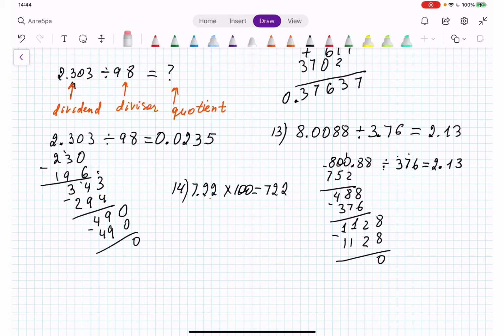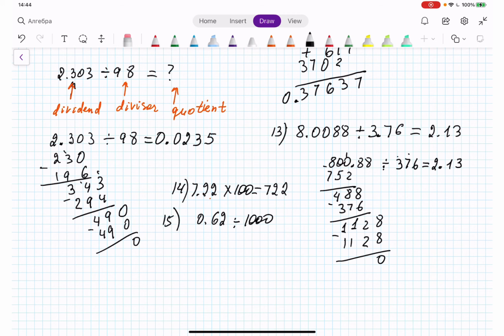Question number 15. 0.62 dividing by 1,000. Let me put 15 here, leave some space.